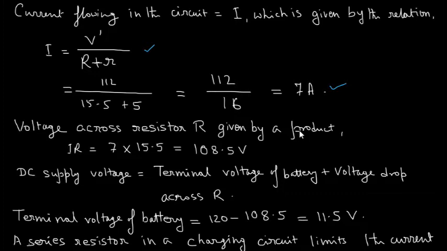Voltage across the resistor R is given by the product IR, that is 7 into 15.5, that is 108.5 volt. DC supply voltage is equal to terminal voltage of the battery plus voltage drop across R. Terminal voltage of the battery is equal to 120 minus 108.5, that is 11.5 volt.